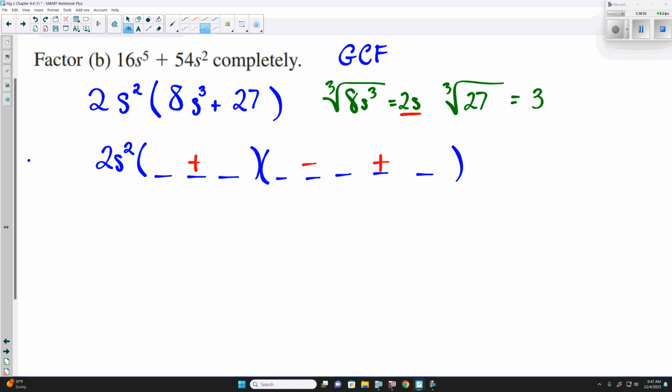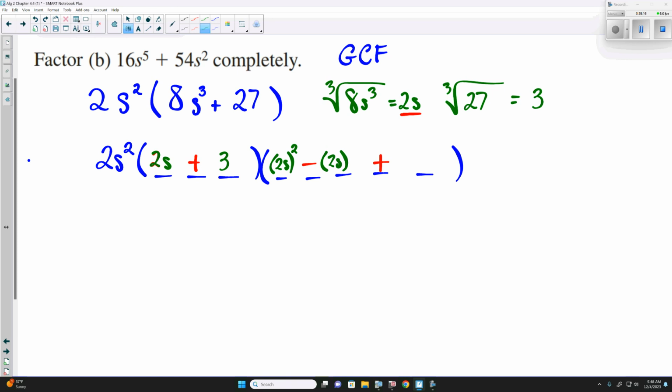Now at this point here, we're going to fill the first term in. So in our first set of parentheses, we're just going to have 2s. In the bigger one, we'll have our first term, 2s being squared, and then 2s to the first. And the last one, we don't write it, but it would be 2s to the 0, which reduces to 1.